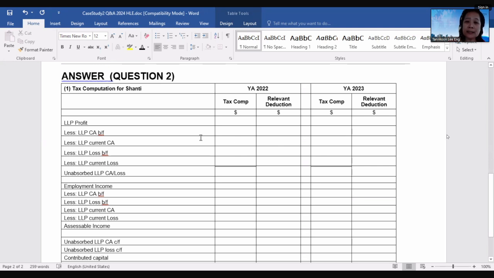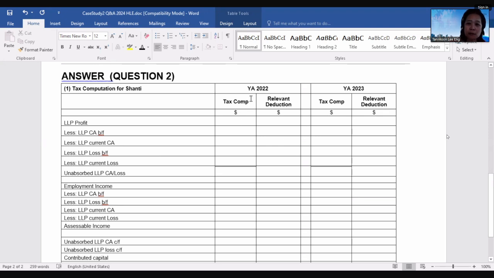When it's same LLP profit, there shouldn't be any restriction, there shouldn't be any relevant deduction restriction. That's why, because there's a profit there, the look is a bit different. We have to offset it first against the LLP profit before we consider other sources of income.